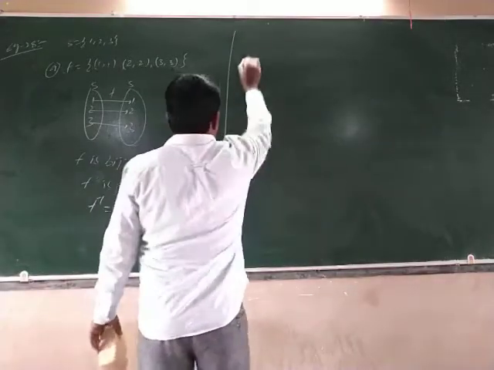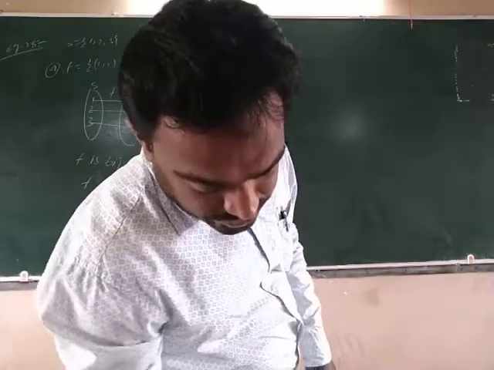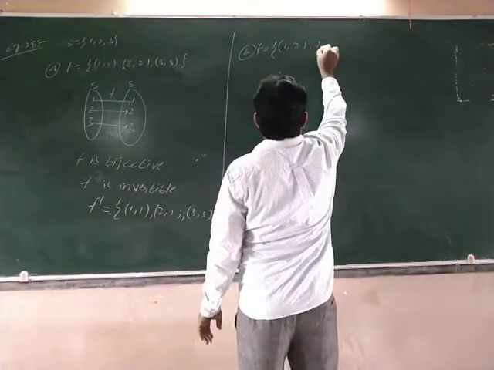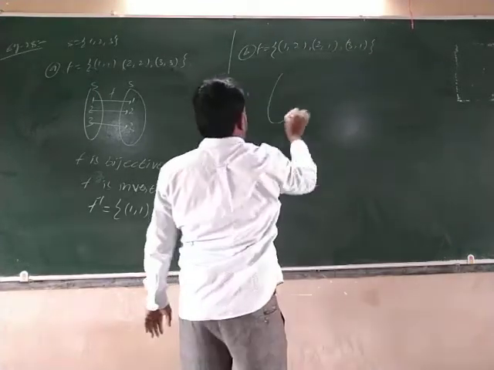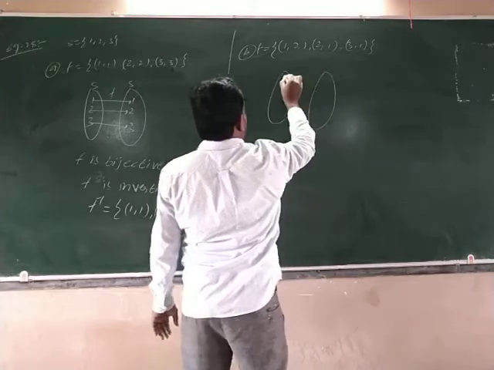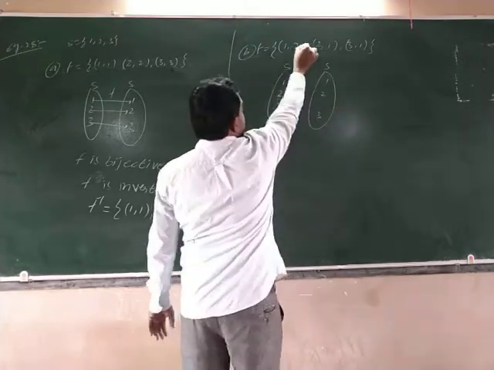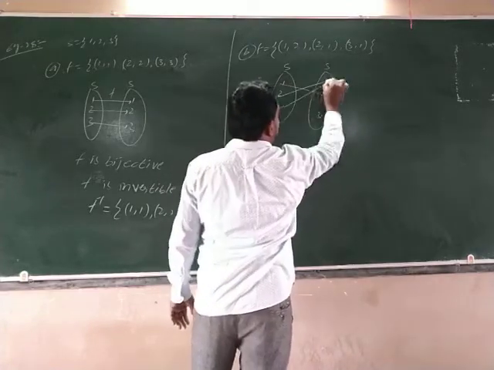Next, question B. You see f is equal to what they gave: {(1,2), (2,1), (3,1)}. Once you present it in an arrow diagram, yes, 1, 2, 3 and 1, 2, 3. 1 is related to 2, 2 is related to 1, 3 is related to 1.